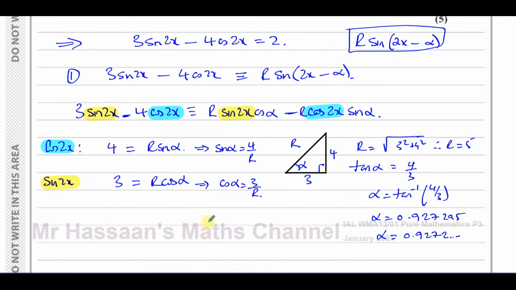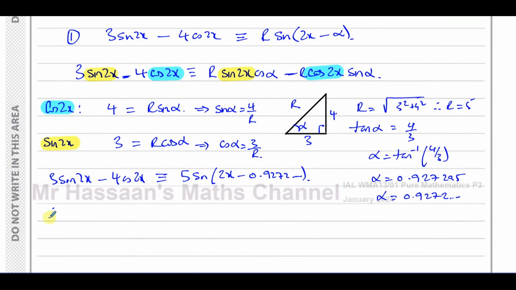So now I know the value of r. So I know that 3 sine of 2x minus 4 cosine of 2x is identical to 5 times the sine of (2x minus 0.9272). Okay, so I know that this is true. Now we can use this to solve the equation.